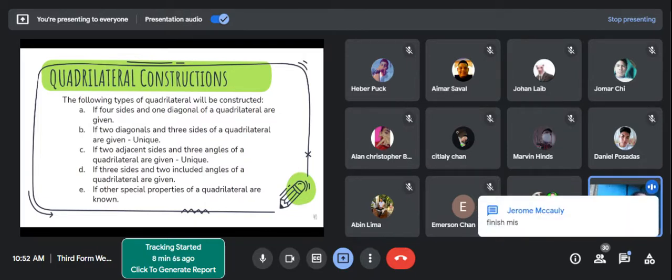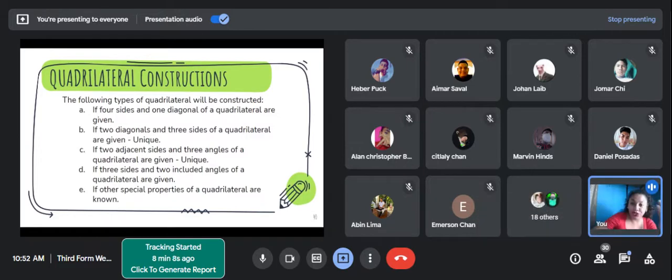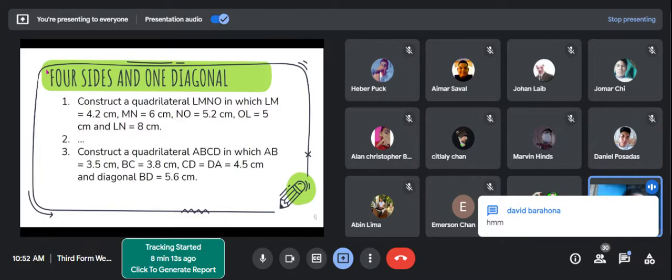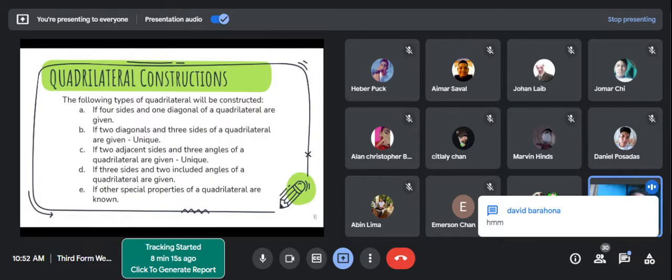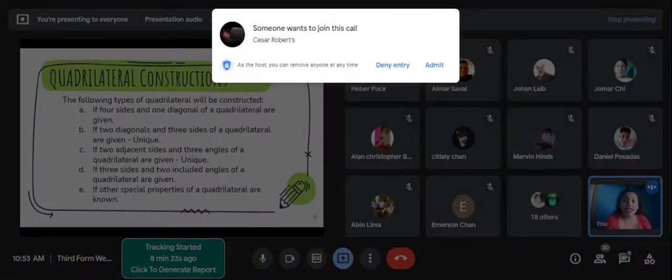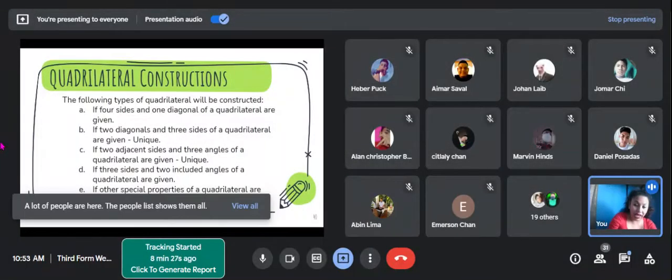Today, as I mentioned from the worksheet, we're going to be doing the first three. We're going to be covering constructing a quadrilateral when the four sides and one diagonal are given, and then the second type where you are given two diagonals and three sides.